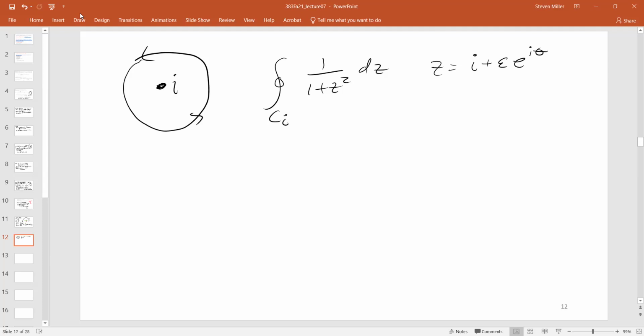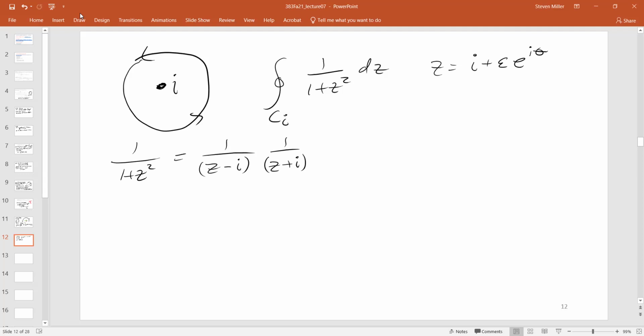Let's try to think about what's going on. So I can write 1 over 1 plus z squared as 1 over z minus I, 1 over z plus I.